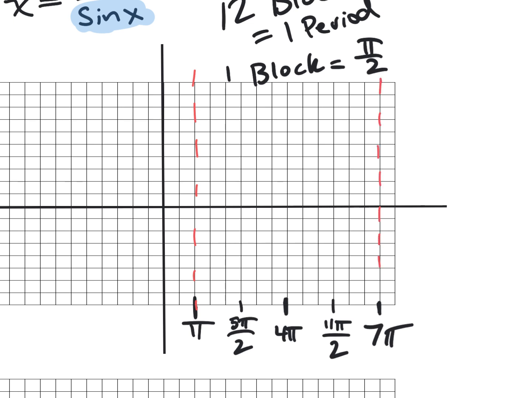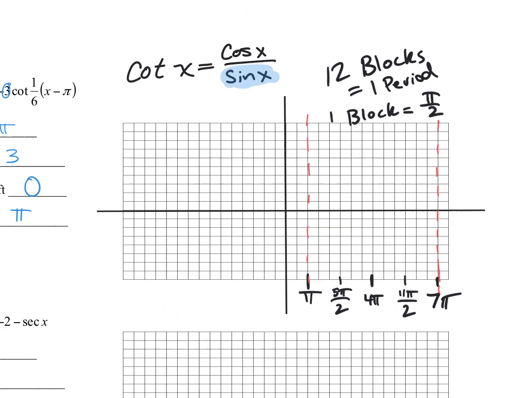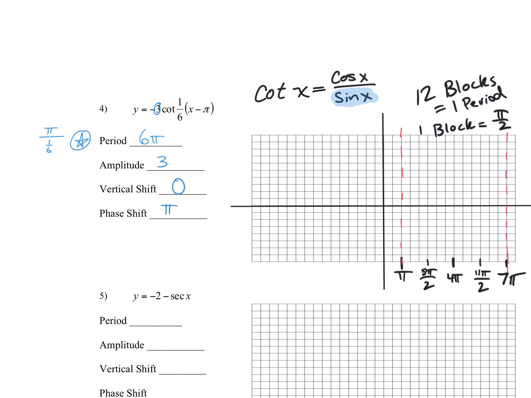If we want to make sense of this algebraically, if we take our formula and plug in 7 pi, minus pi gets us 6 pi inside the parentheses, right? And then that value is getting multiplied times 1/6. So we're really taking the cotangent of pi, right? Our input here is 7 pi.